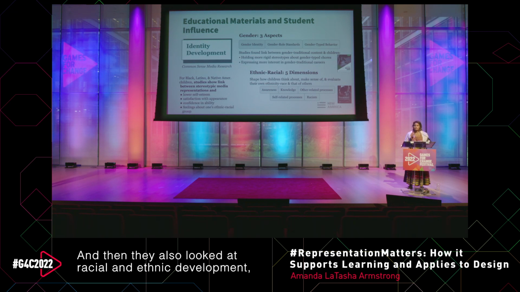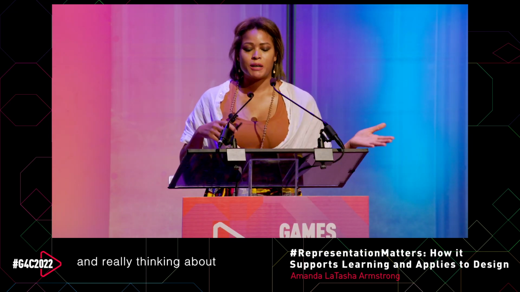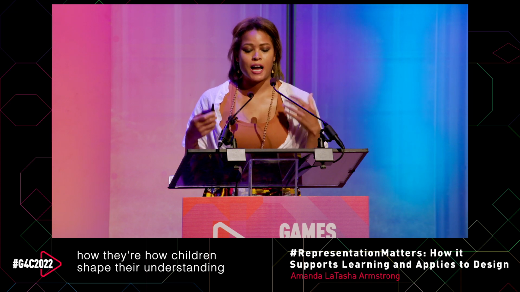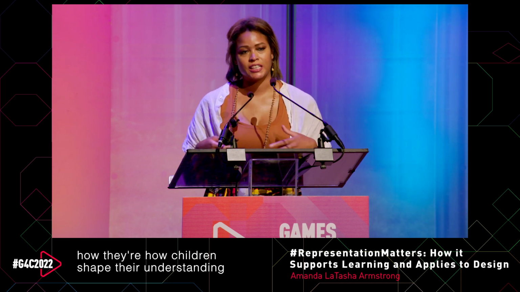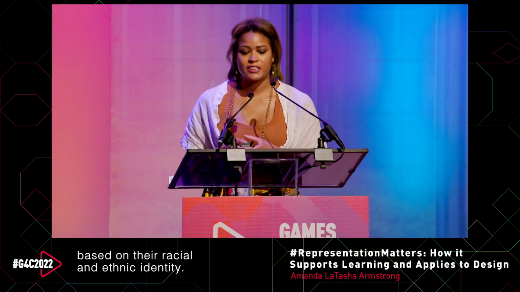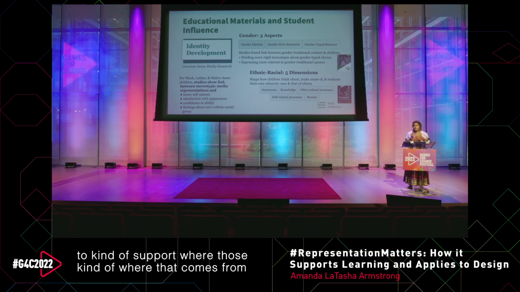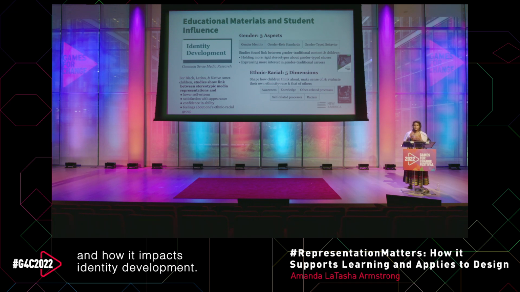And then they also looked at racial and ethnic development, and they found 5 dimensions of those, really thinking about how children shape their understanding and their knowledge about themselves based on their racial and ethnic identity. And in this particular report, they found research to support where that comes from and how it impacts identity development.